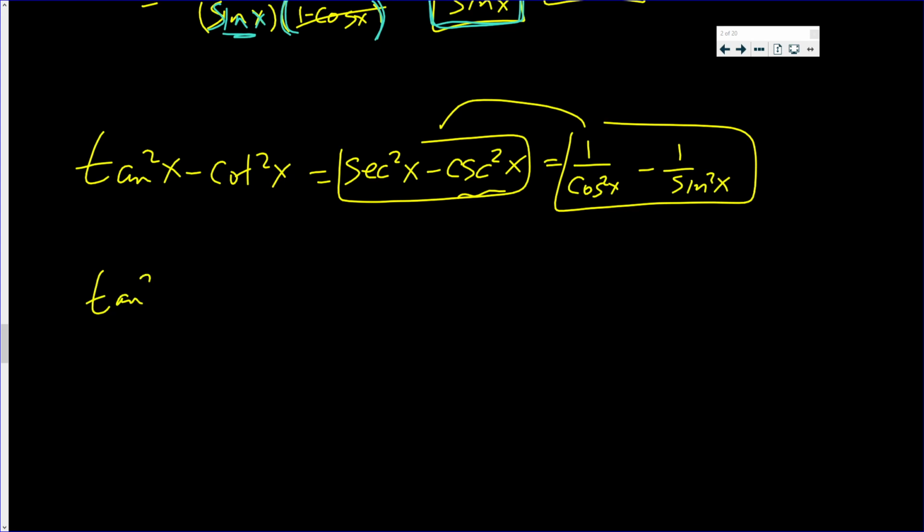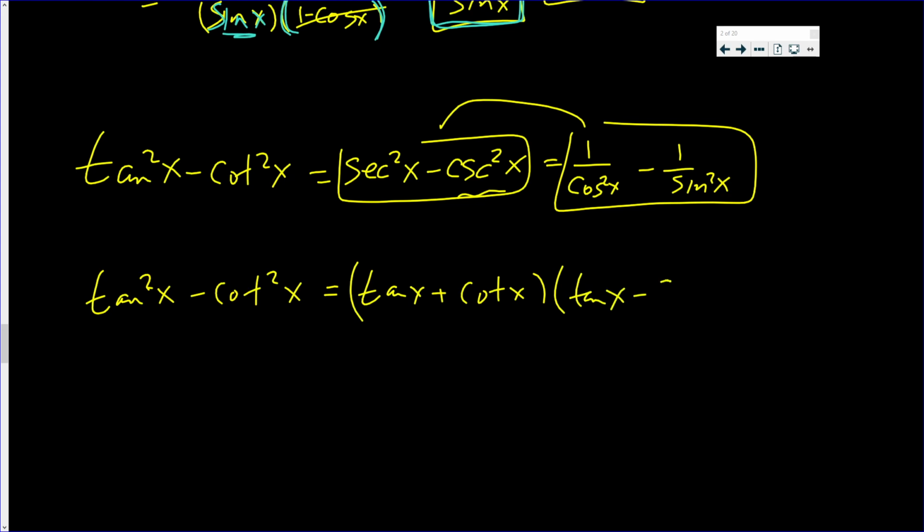Okay, so tangent squared x minus cotangent squared x. Maybe I'll do the difference of squares right away. This is tangent x plus cotangent x times tangent x minus cotangent x.